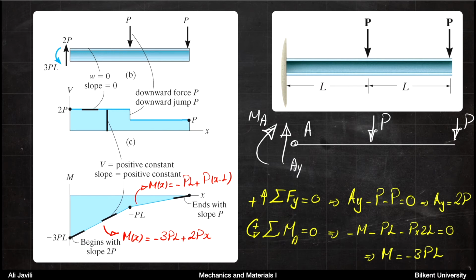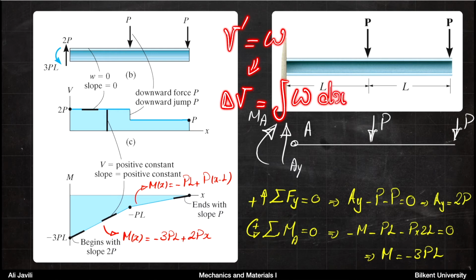Now, if you remember, we said that V prime is W, or otherwise we said delta V is the integral of W dx from, let's say, point A to B. Considering that W is 0, you know that V prime is 0, or otherwise you know that V is constant.